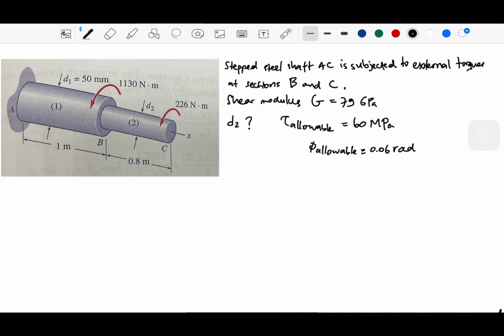Okay, we could slice this material 2 like that, and material 1 maybe here, to make our FBD, free body diagram. So if we slice 1, then we get this, right?